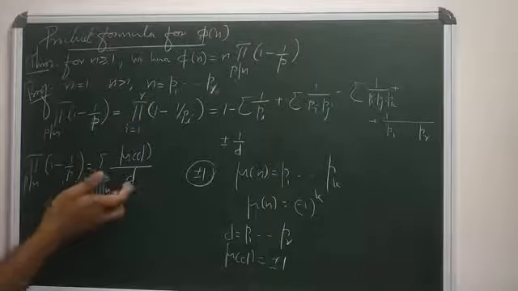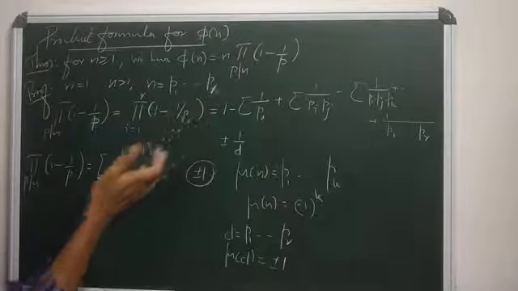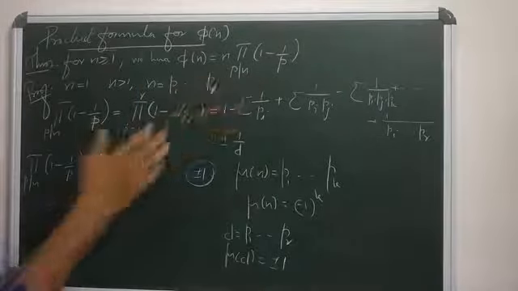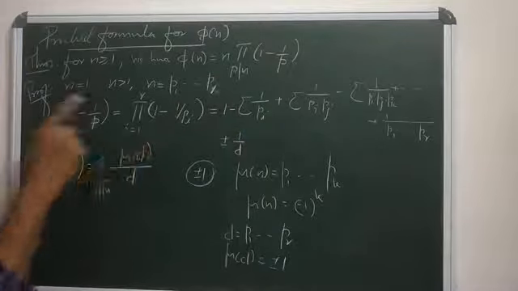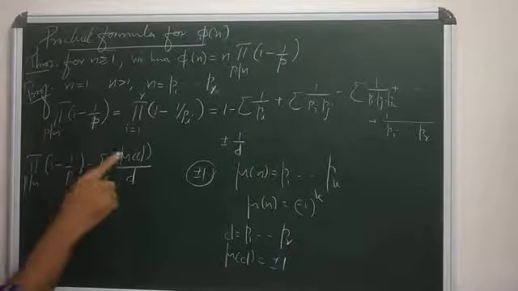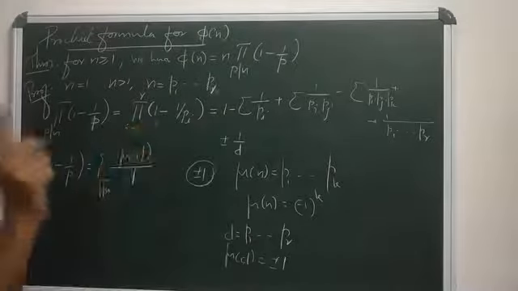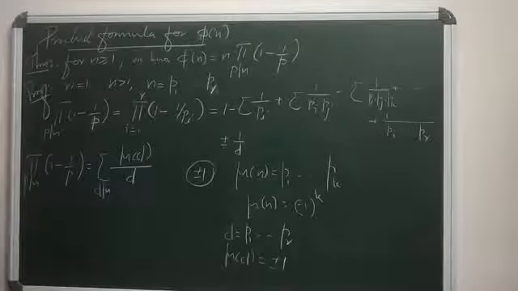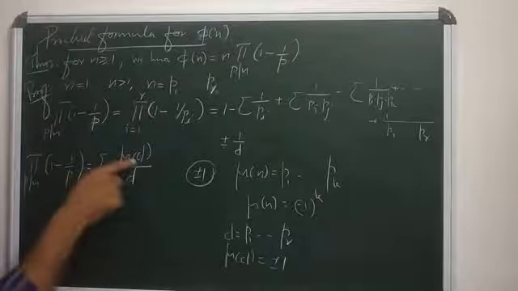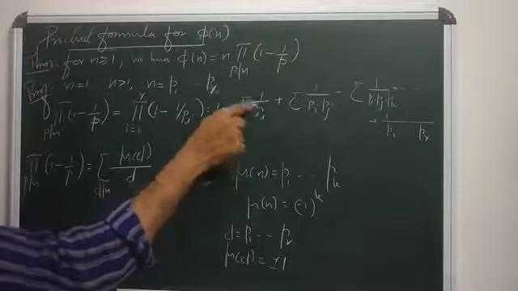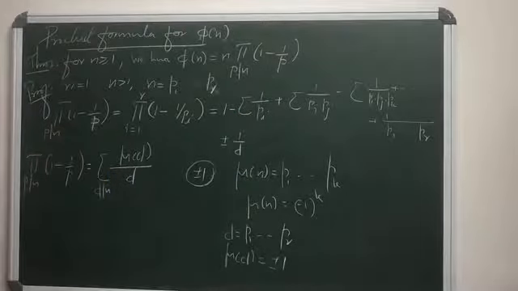When d equals 1, mu of 1 is 1, so the term is 1. When d equals p1, mu of p1 is minus 1, so we get the sum of 1 by pi, and so on.